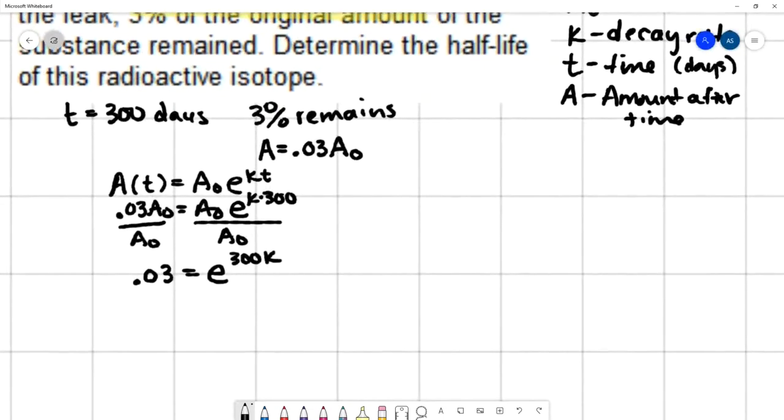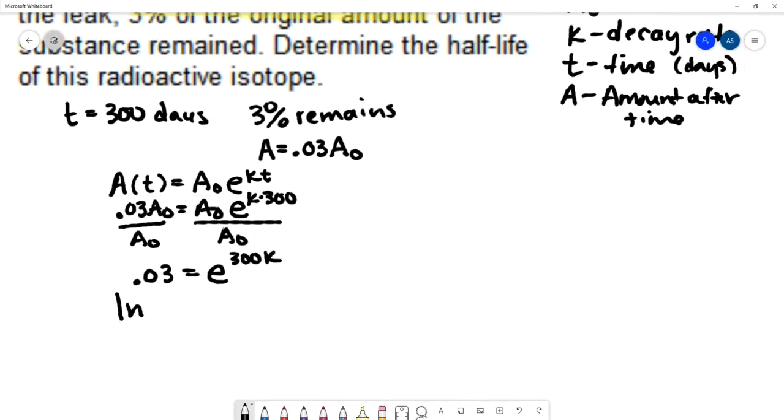I'm going to solve this by doing the natural log on both sides. That's natural log e to the 300k. The natural log and e are inverses of each other. They cancel and you get 300k equals natural log 0.03.